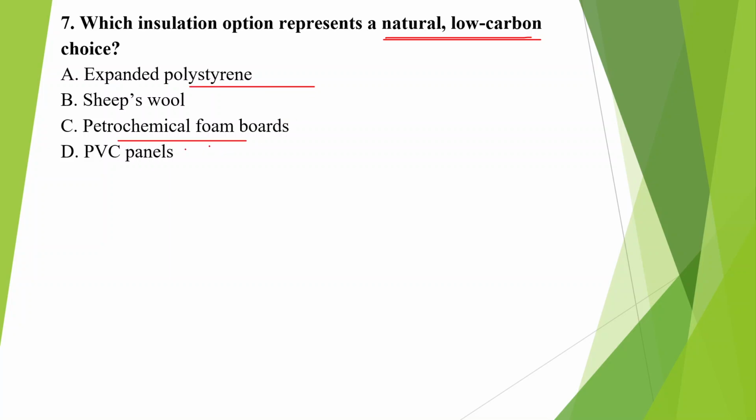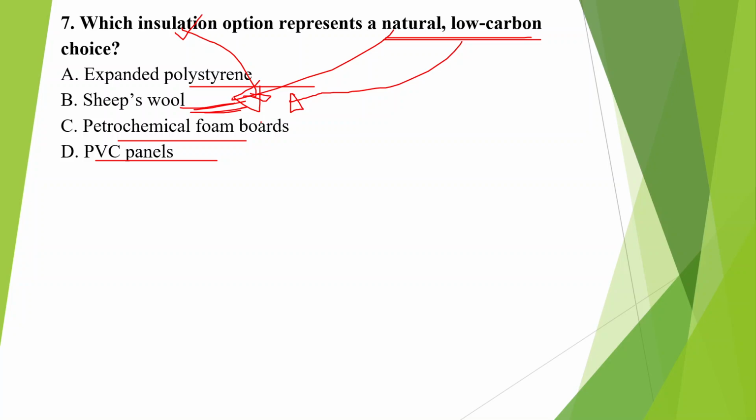Polystyrene, petrochemicals, PVC, these options you can easily discard because these are not low carbon choices. Only sheep wool is also an insulation material, and it is natural and also low carbon. So all the things that have been asked are fulfilled by option B. So you have marked option B as the correct answer.